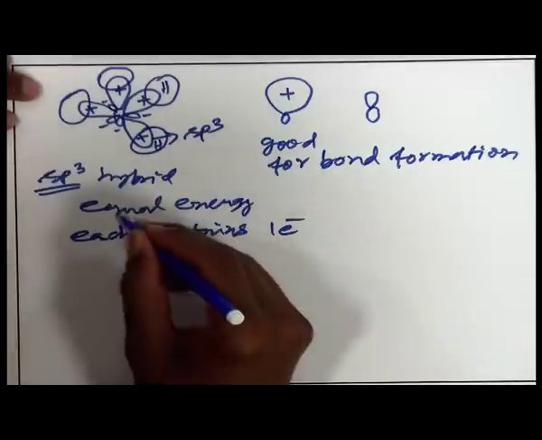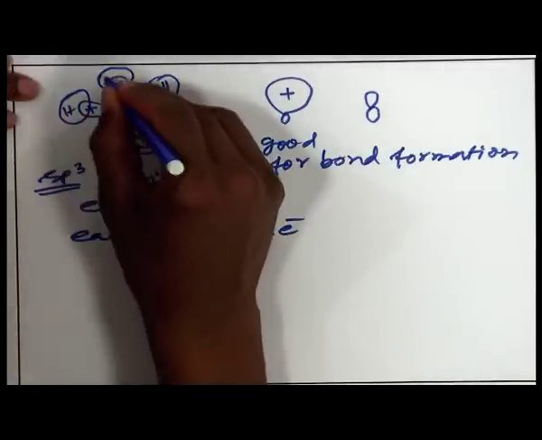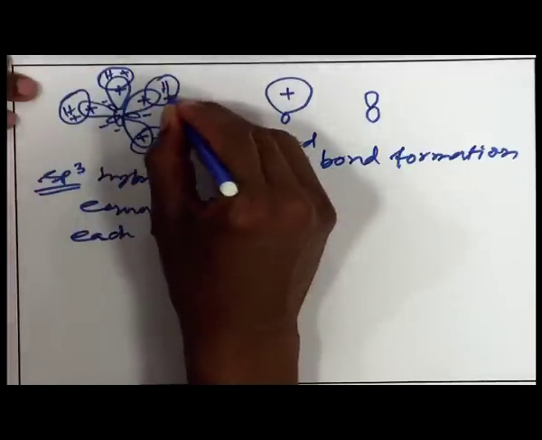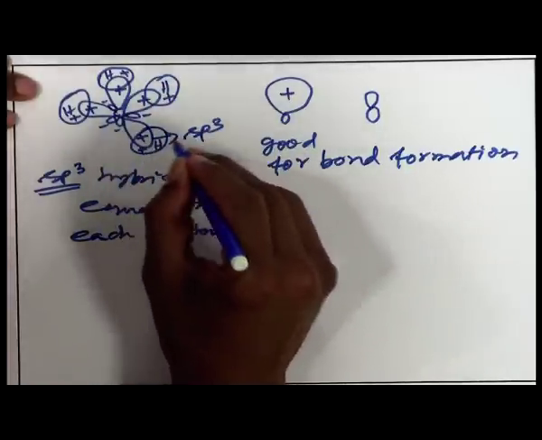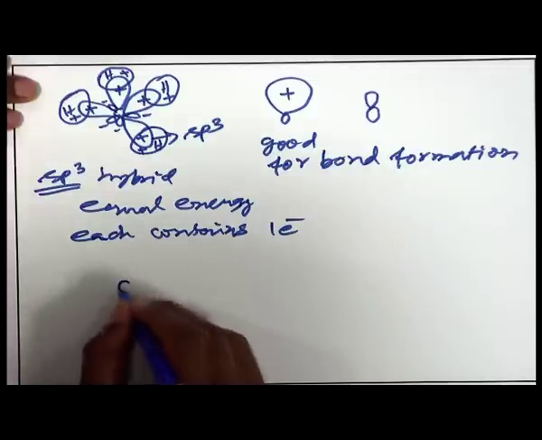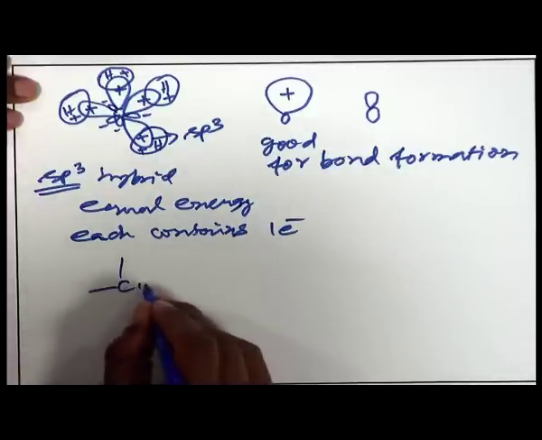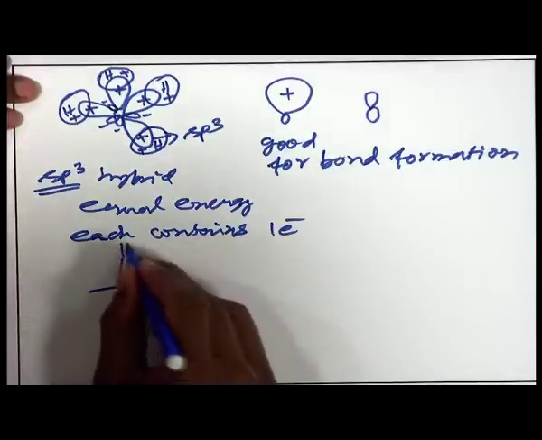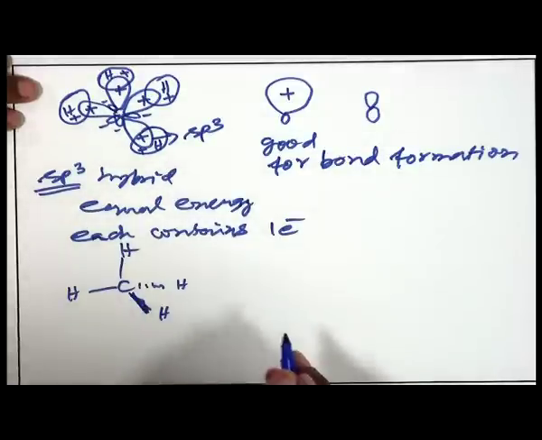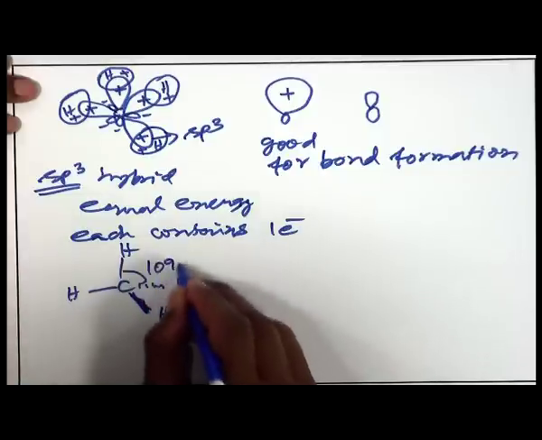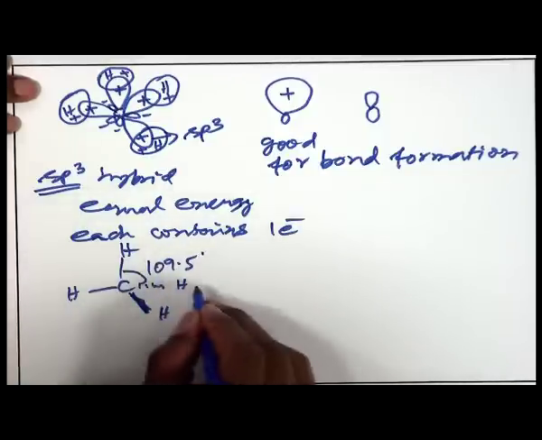Here the sign of the wave function is positive everywhere for the hydrogen 1s orbital. That will give a carbon like this, a tetrahedral shape. That is the reason it has the same bond angle and the bond strength is the same.